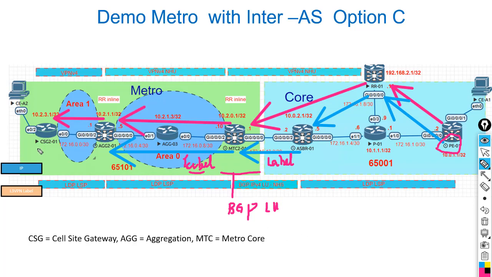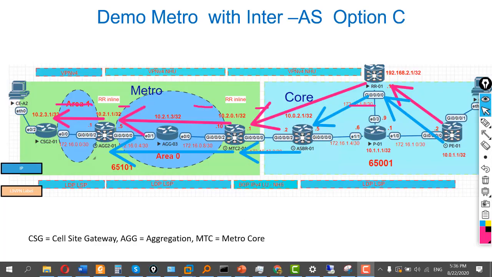So from CSG, when it wants to communicate with the PE router here, the next hop will be the PE router in the core network. So let's see how the data is forwarded between CE-A2 and CE-A1.